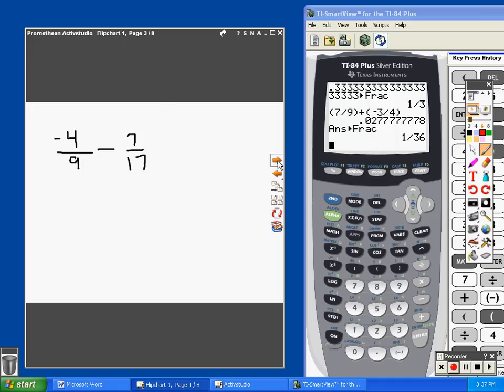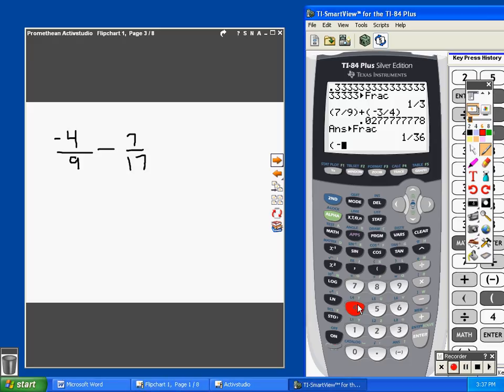Alright, go ahead and do this one. And the answer would be, I would do -4 divided by 9, end parentheses, minus 7 divided by 17. Oh, and I forgot, I'm going to go insert right here, second insert to put in my parentheses.